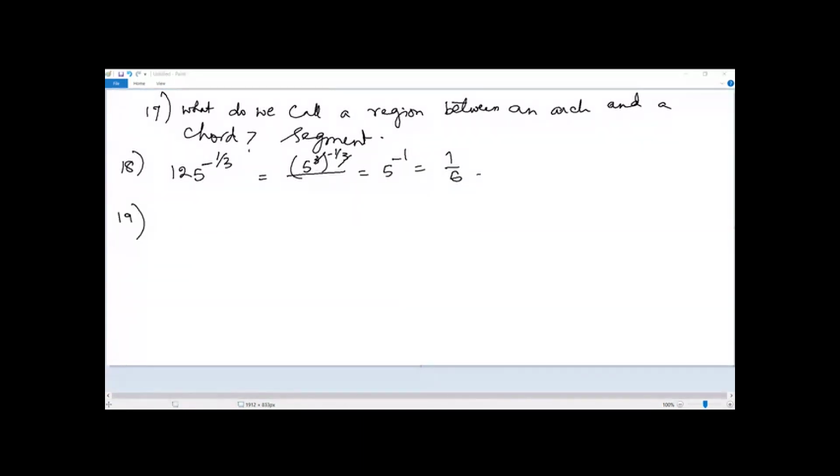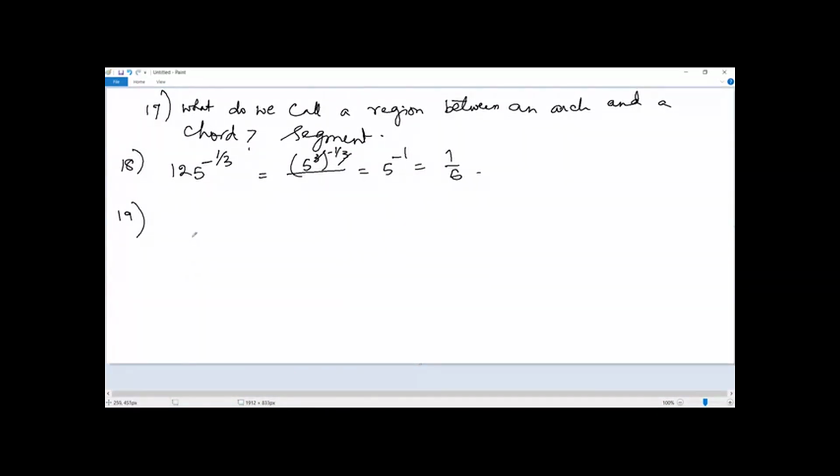Question number 19. Madhumita has to answer. 4 by 216 to the power minus 2 by 3 minus 1 by 256 to the power minus 3 by 4. What is the answer?